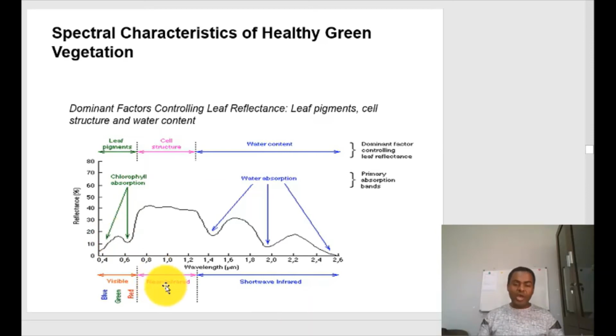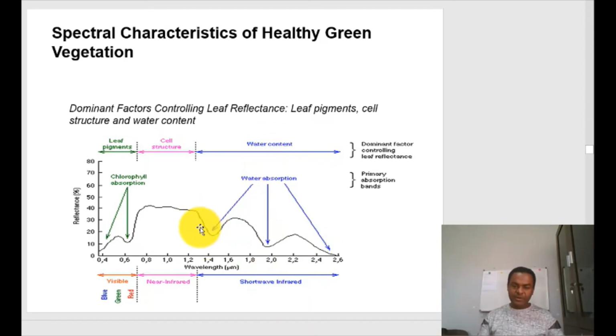Okay, while in the near infrared portion of the spectrum, the spectral signature is controlled by cell structure, whether the leaf is spongy or smooth. Okay, in the shortwave infrared portion of the spectrum, the spectral signature is controlled by water content, whether the leaf has too much water or less water.